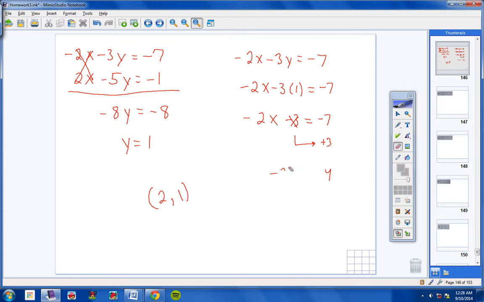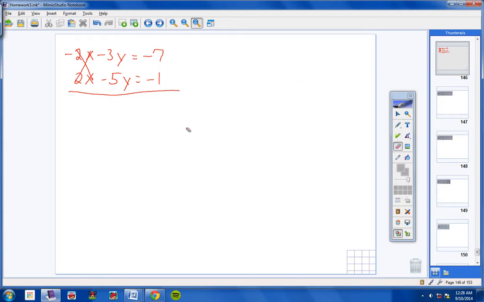Now let's use the substitution method, okay? So here we go. What do we have here? Well, we had negative 2x and a positive 2x. So let's fix that real quick.